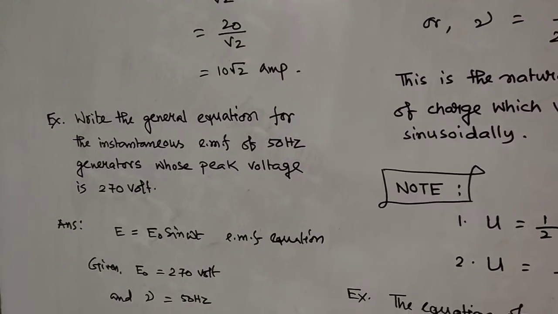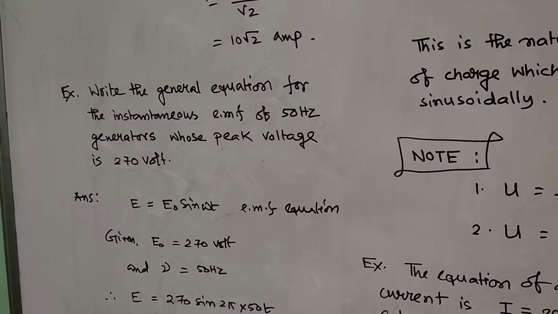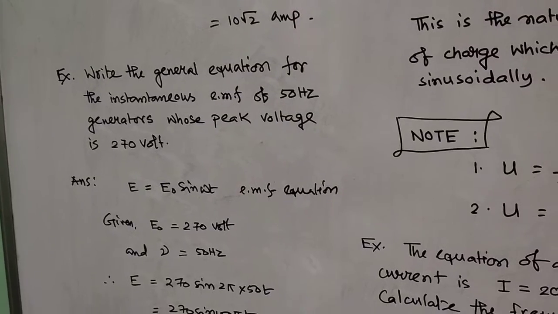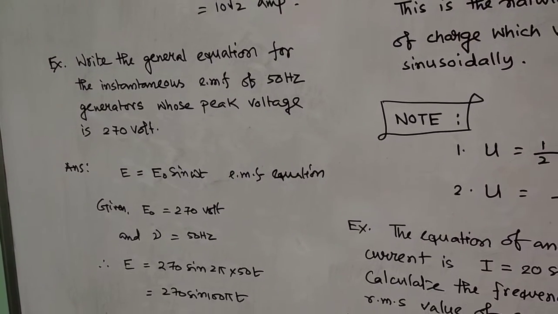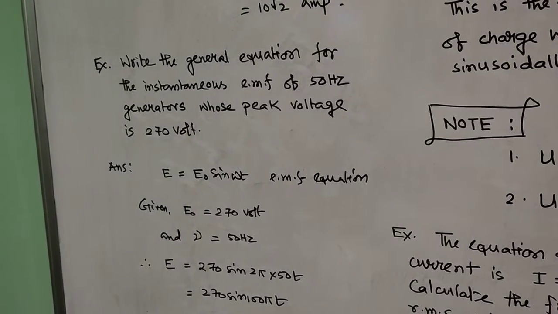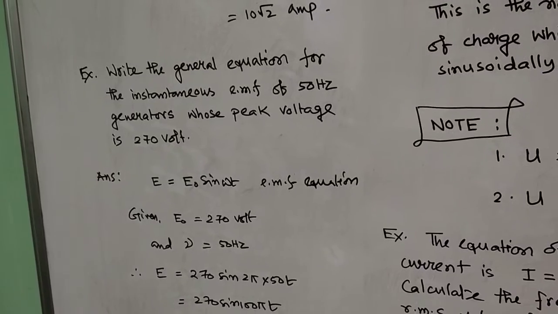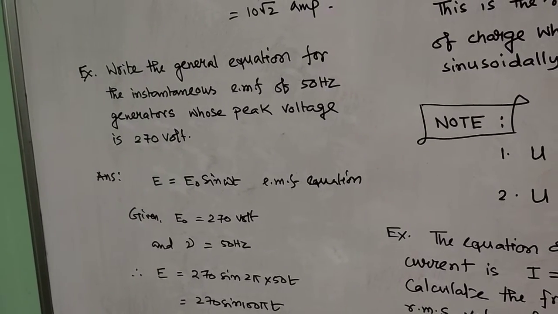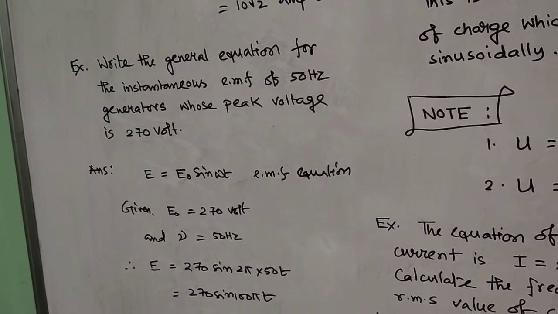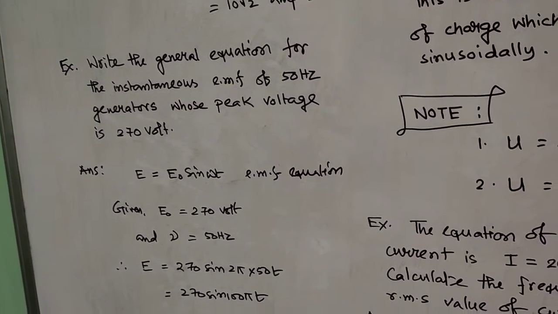Next one: write the general equation for the instantaneous EMF of a 50 hertz generator whose peak voltage is 270 volt. Again E equal to E naught sine omega t, that's the EMF equation. Here the given peak voltage is E naught equal to 270 volt and frequency is 50 hertz.